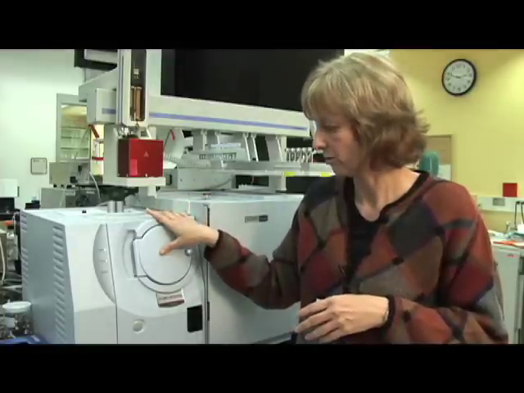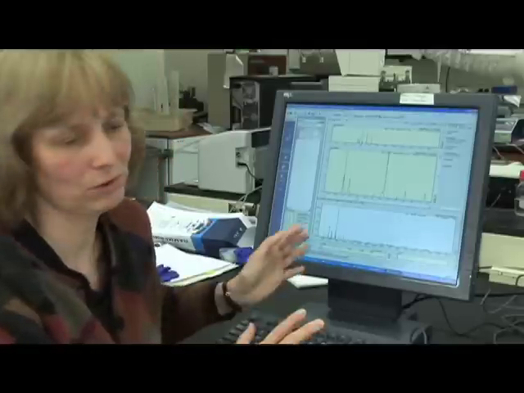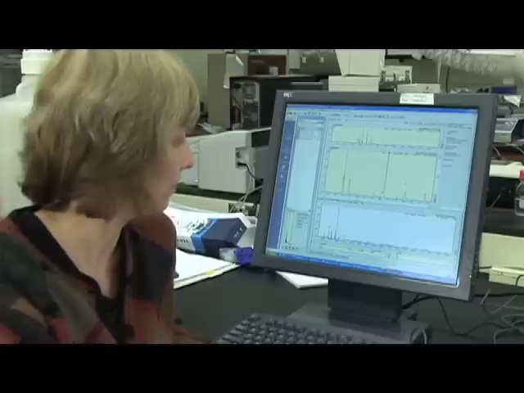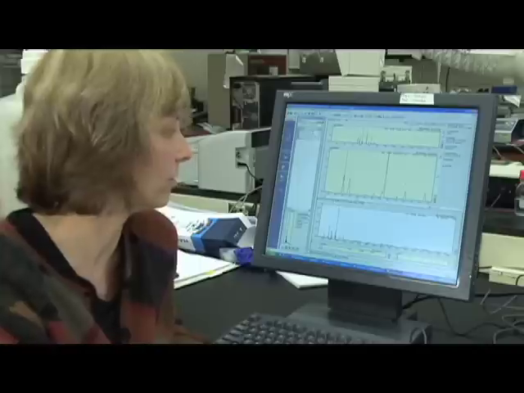And since this detector is connected to the computer, I want to show you how this fingerprint looks like. Well, here we are at the computer and the monitor that actually is recording the compounds as they come from the mass spectrometer.